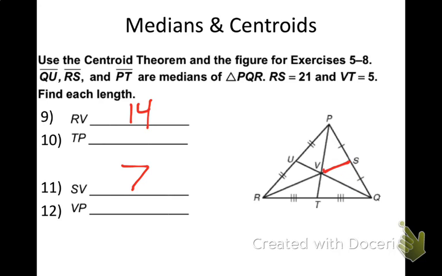This is 1/3 of the whole segment. So 21. RS is 21. It says RS is 21. So the whole segment is 21. That's the smaller segment's 1/3 the whole line, half the medium line.